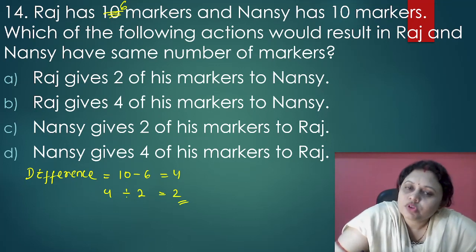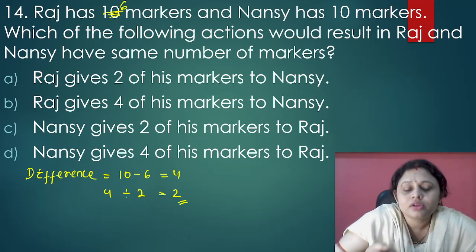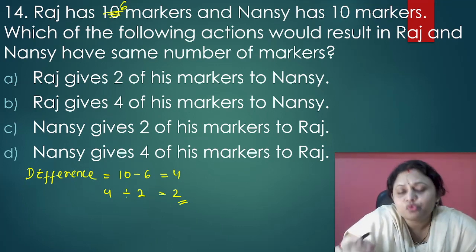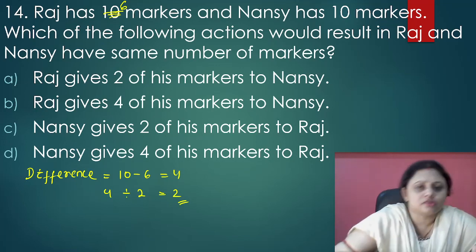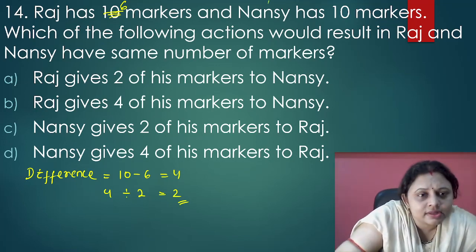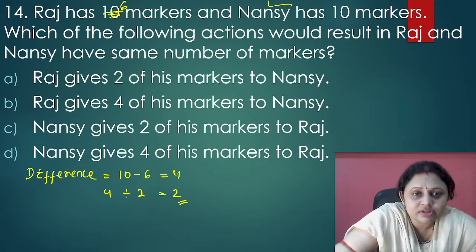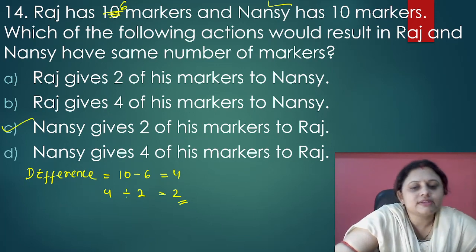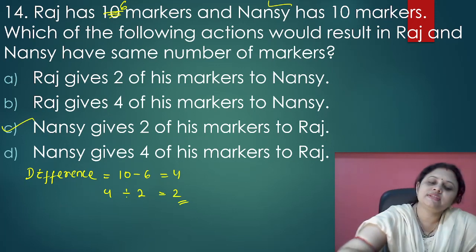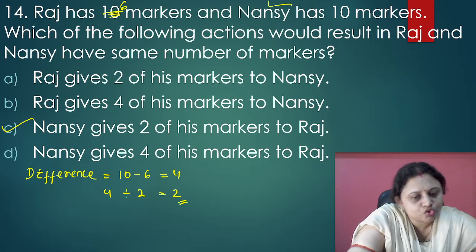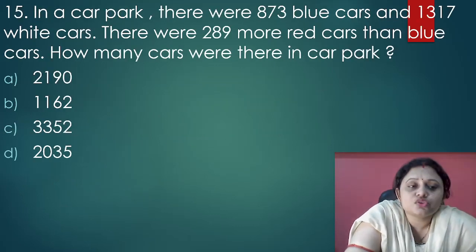To whom should she give? To the child who has fewer markers. Nancy has more markers, so she has to give 2 markers to Raj. Why? Because Raj has fewer markers, so Nancy gives 2 of her markers to Raj. So this is the correct answer. Got it, bachcho? Okay, let's move to the next question.